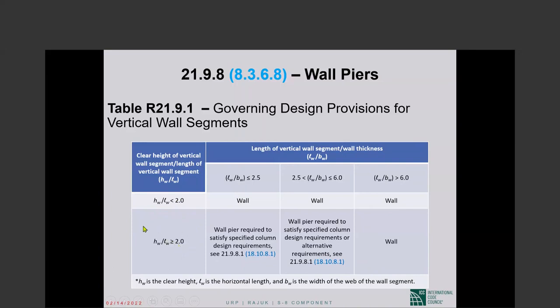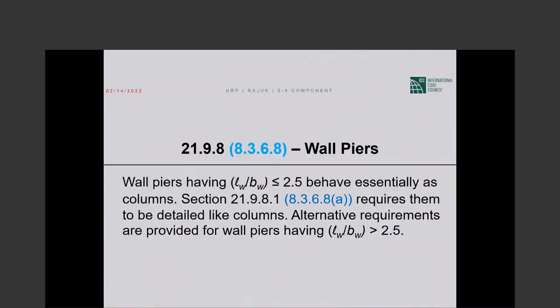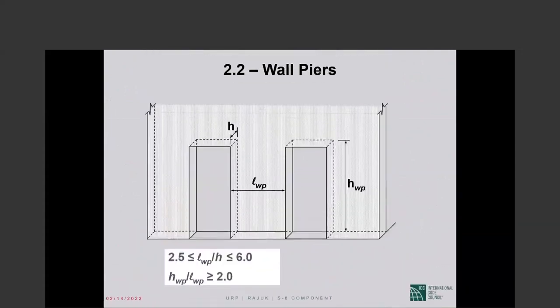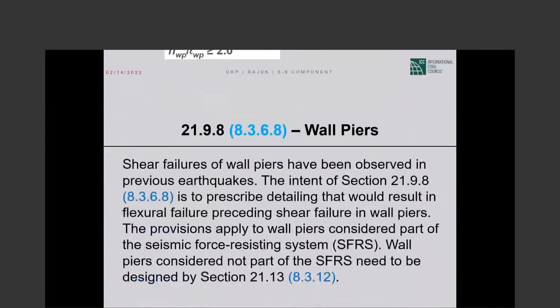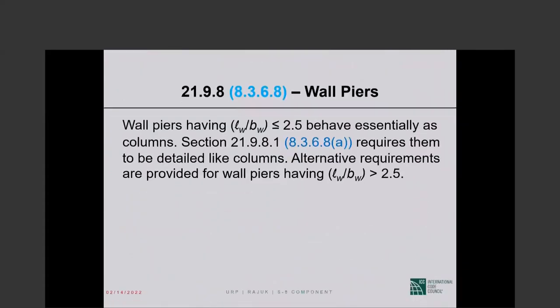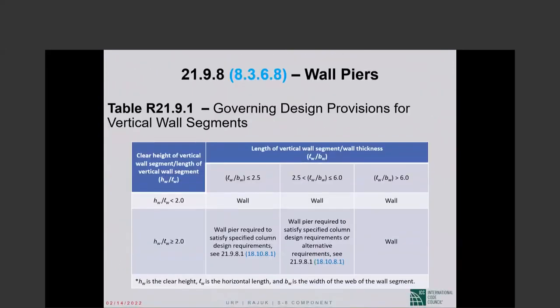Okay, if that is your case, and the length to thickness ratio, the thickness was denoted by h in the figure, that has become b sub w in the table. At one point ACI switched, and I did not think of changing the figure. Okay, we are talking about the same thing.